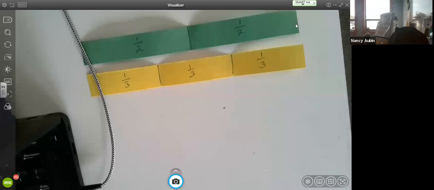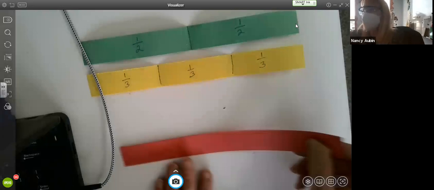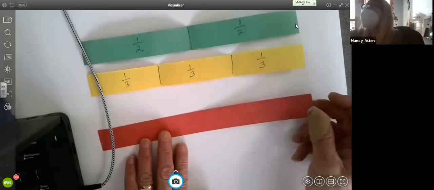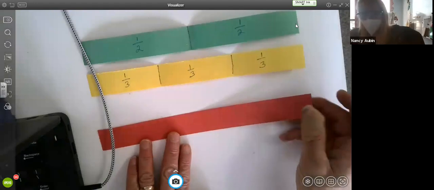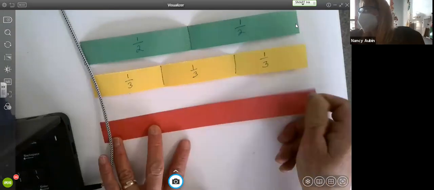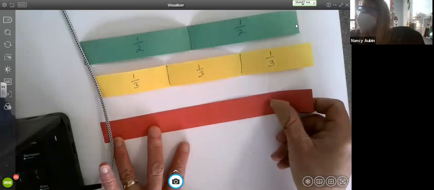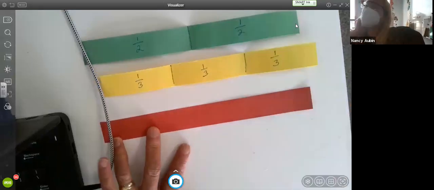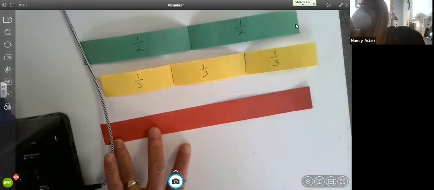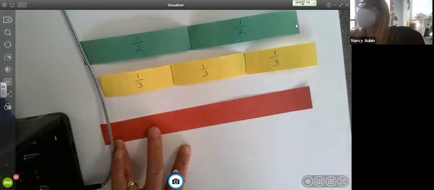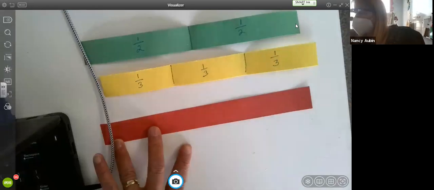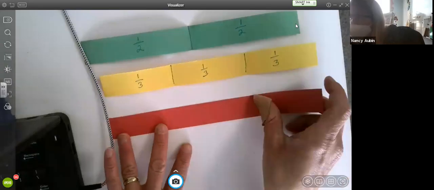All right, let's go ahead and get our red strip. Any idea what's next? Sunny, what are you thinking? Fourths, she's right. How could I divide this into fourths? Lucas, what do you think? Don't do it yet, just listen. Can you use some fraction words? Fold it in half.